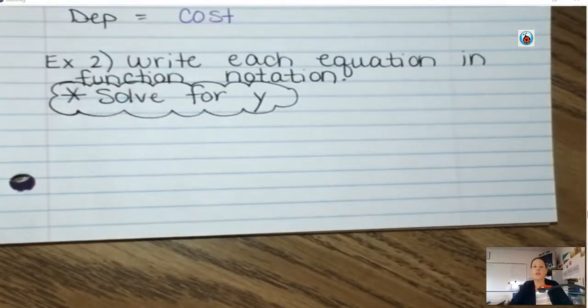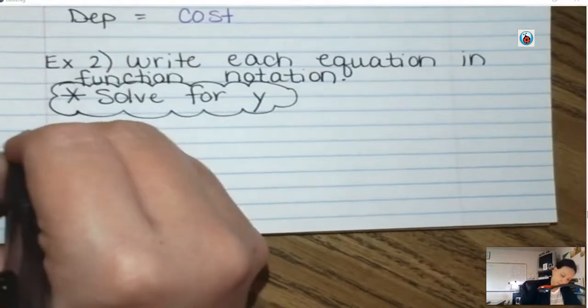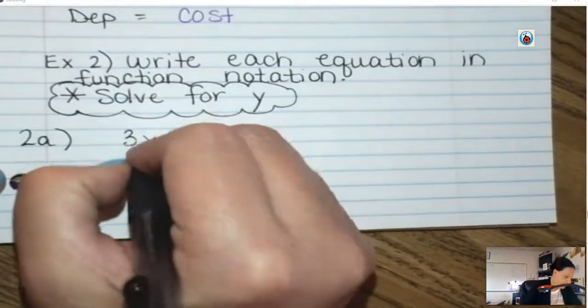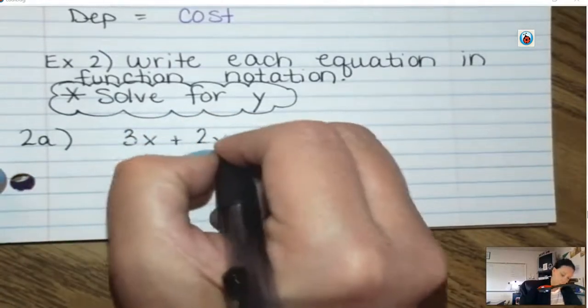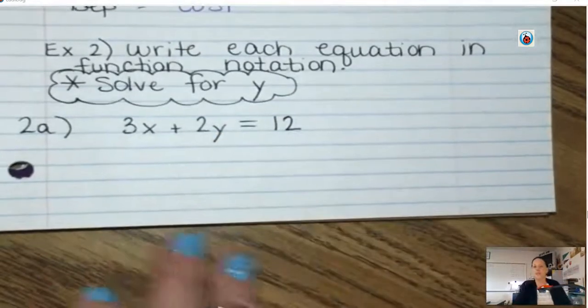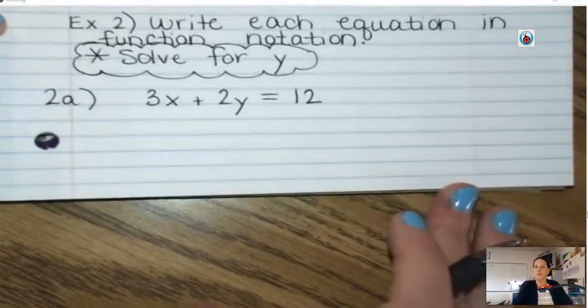When you get these equations, you need to get y isolated first. So here's our first one, letter 2a. 3x plus 2y equals 12. Everyone should be taking notes, not just sitting there watching me do this.